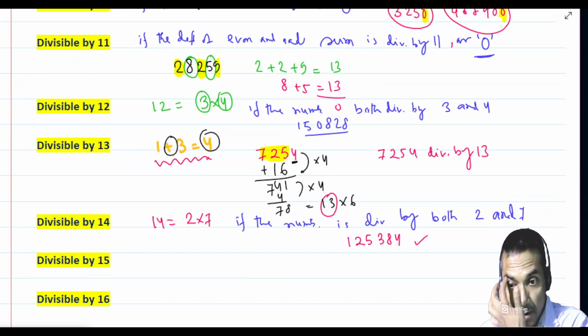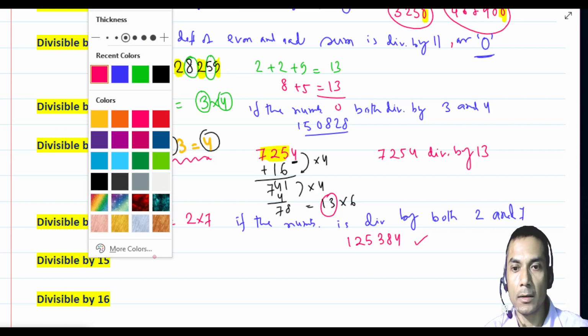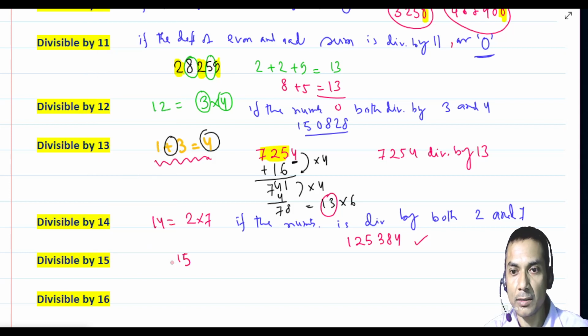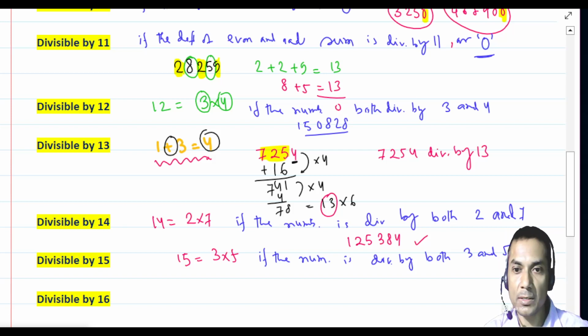Then it is 15. How do you get 15? Again, you have to find out the factors. 15 is 3 into 5. So if the number is divisible by both 3 and 5, then the given number is divisible by 15.